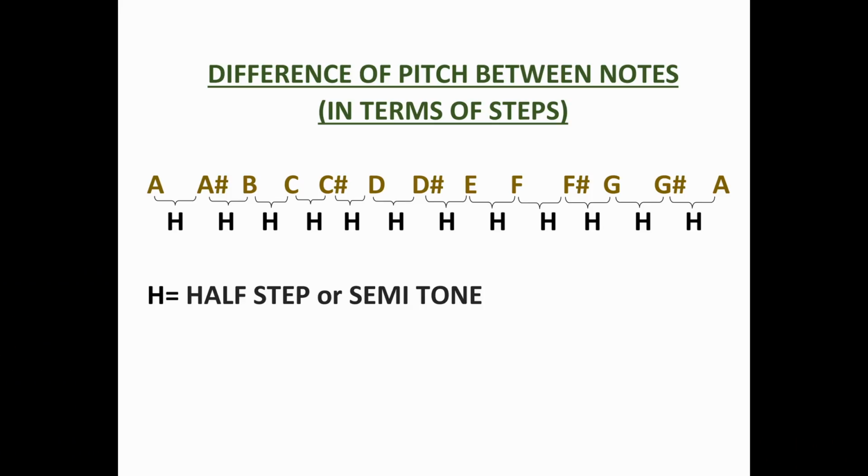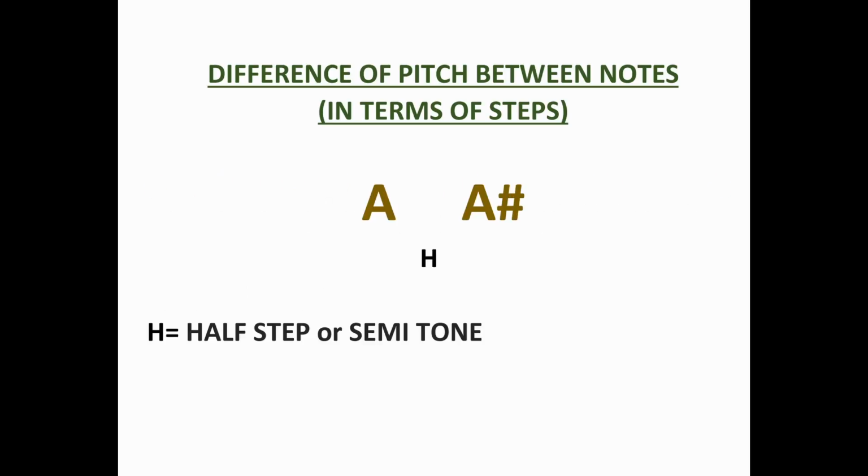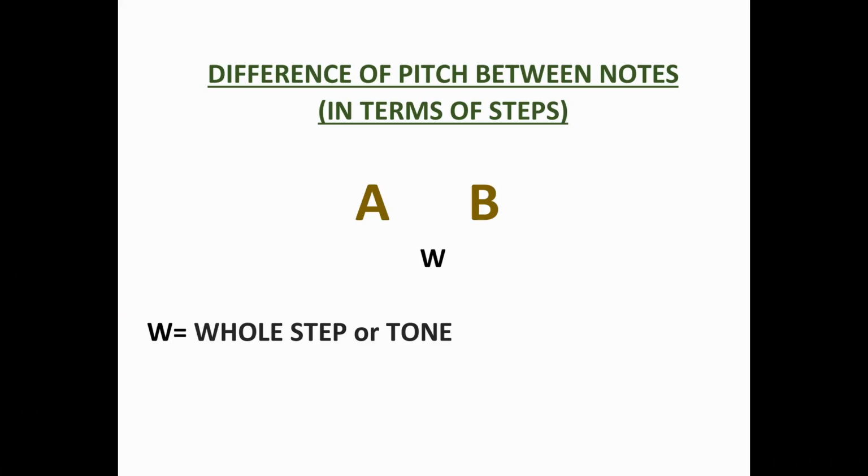All the 12 notes will be equally distanced. So A to A sharp will be a half step, then A sharp to B will be a half step. If you combine these two half steps, then A to B is called a whole step. We will not call it one step, we will call it a whole step.